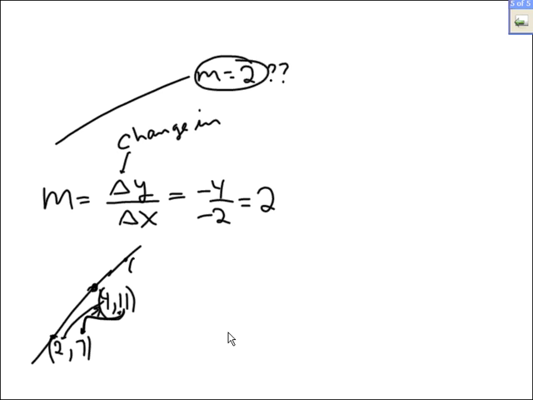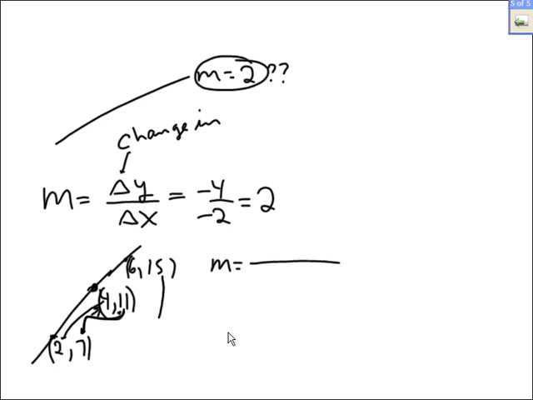For example, if this point (6, 15) will also be on this line, trust me on that. Well, you can use any 2 points on a line to find their slope.